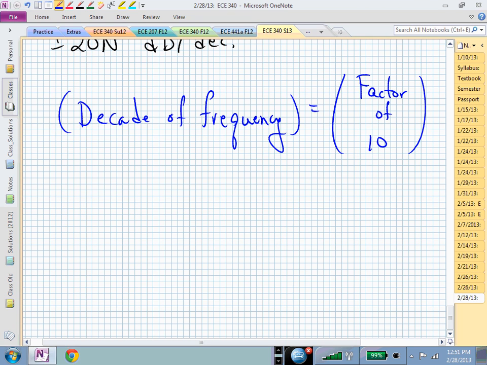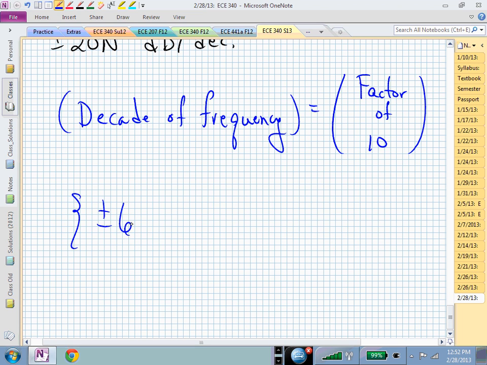Now sometimes you may not want to go that far. Maybe you just want to look a little closer than a factor of 10 from where you presently are located. A smaller or shorter distance is a factor of 2, and that's an octave. Instead of going up and down by 20 dB per decade, if we're just going a factor of 2 in frequency, then we only have to worry about going up or down 6 dB per octave.